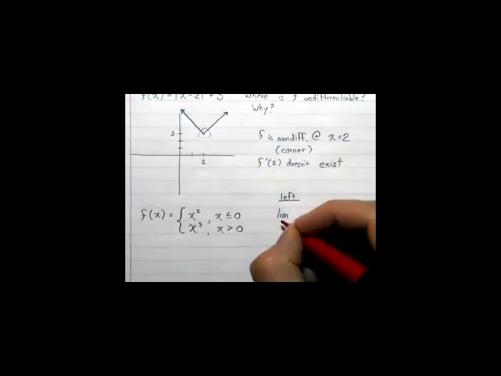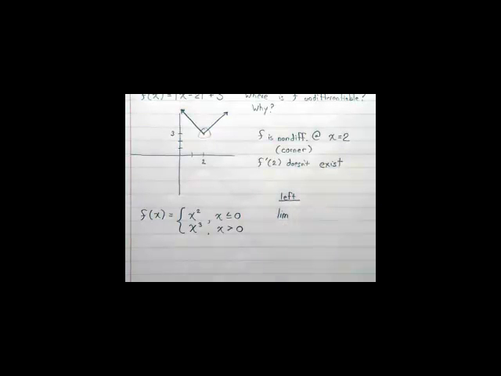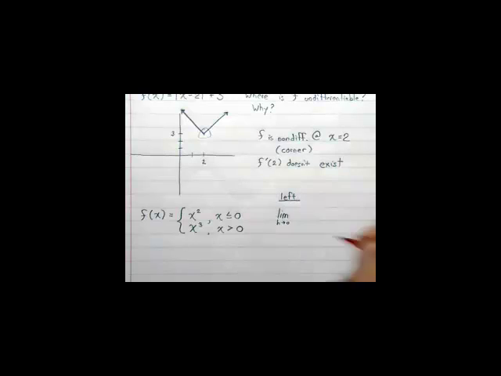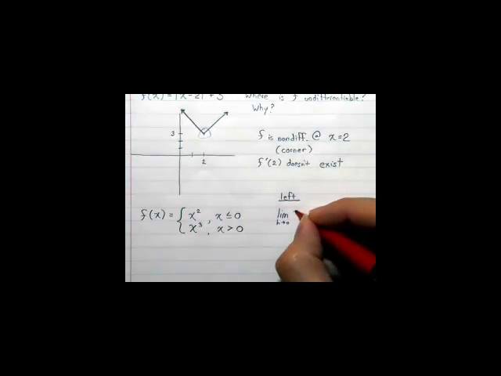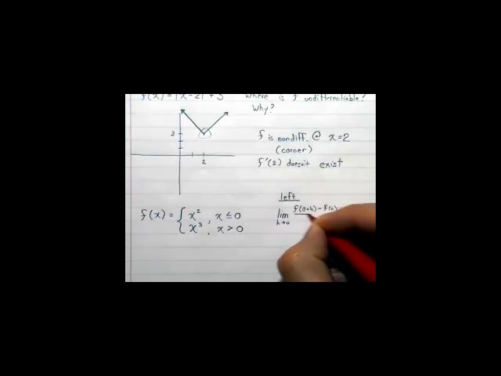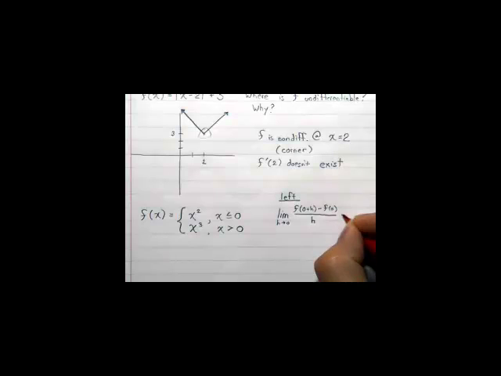So the limit, we have a choice. Do you want to do the h or the x definition? Do we care? Do the h? Okay. So we would do f of 0 plus h minus f of 0 over h. Okay, and from the left, we're going to use x squared.